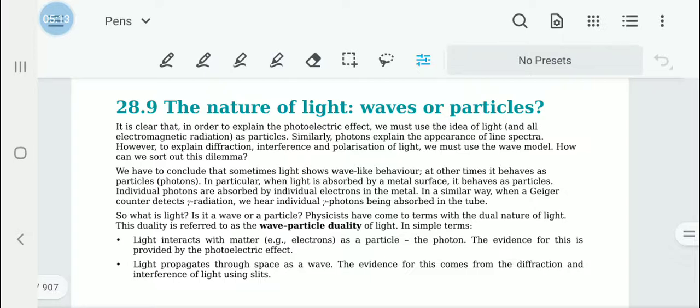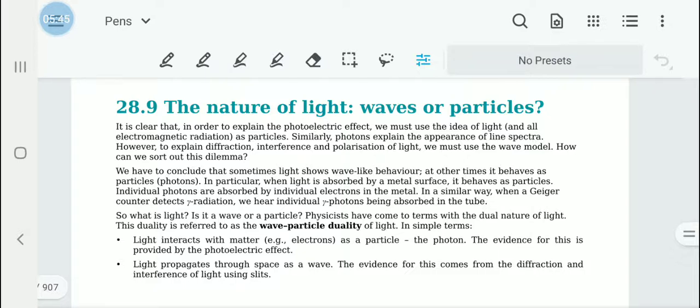So we say that it has a wave particle duality. For example, when light is absorbed by a metal surface, or when it goes through a Geiger counter, it behaves like particles. But in other situations, like in diffraction or interference, it behaves like waves. So we give it a name, the wave particle duality of light.